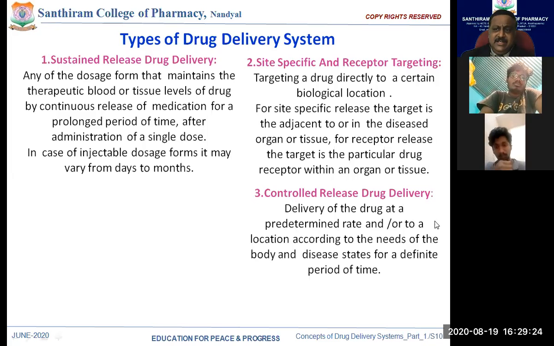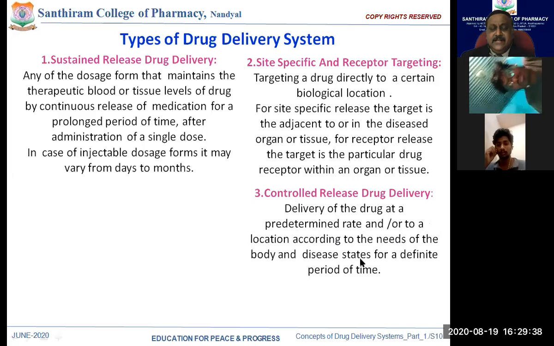And the second one is the location or the site, which is based on the needs of the body condition and the demands of the disease state, right? What exactly is the disease demanding, where is the drug concentration required, for a definite period of time, right? Is that clear?